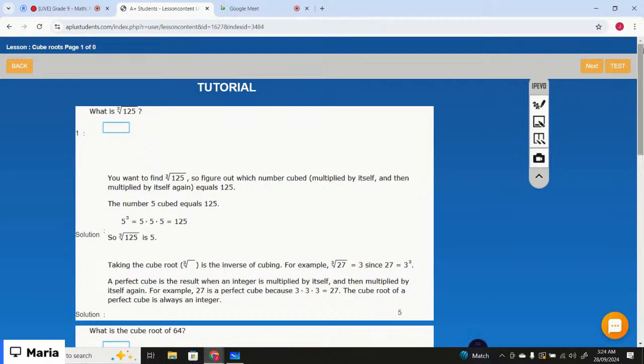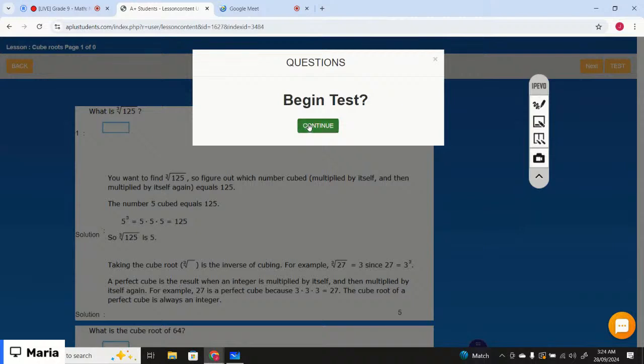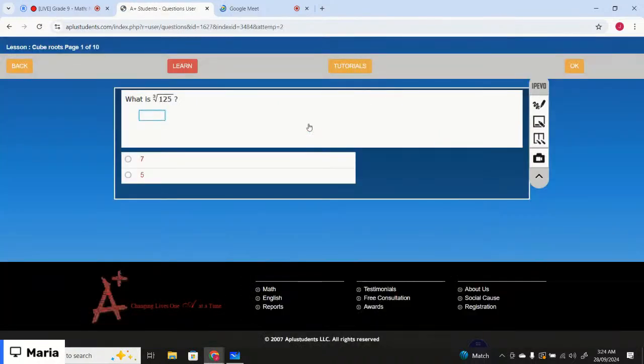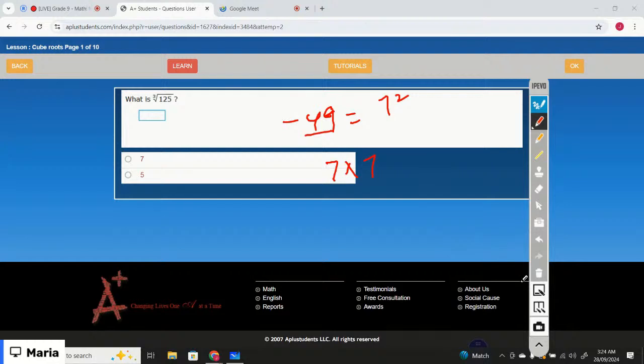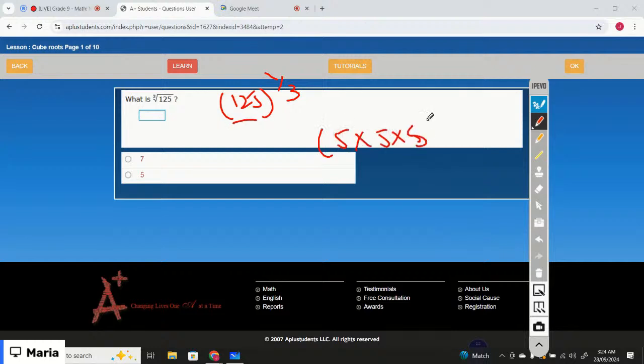Okay, let's just start with the test questions. What is the cube root of 125? Which is the correct option? We know that you can write this as 125 to the power 1 over 3, right? Now for 125, you have 5 times 5 times 5.